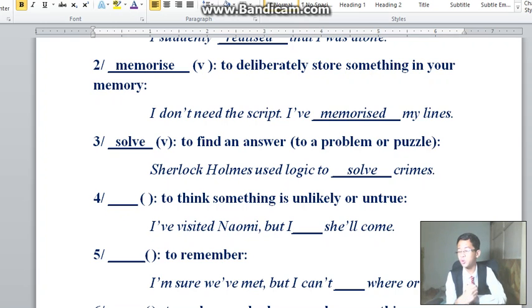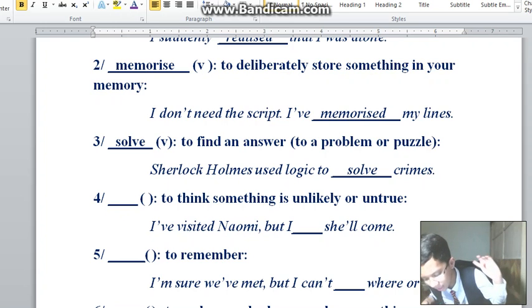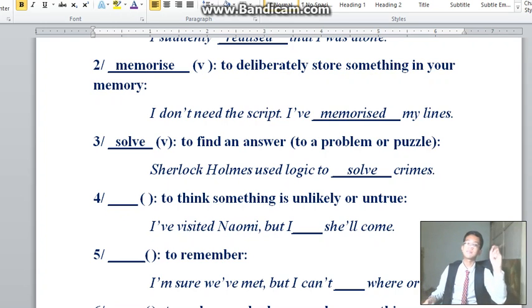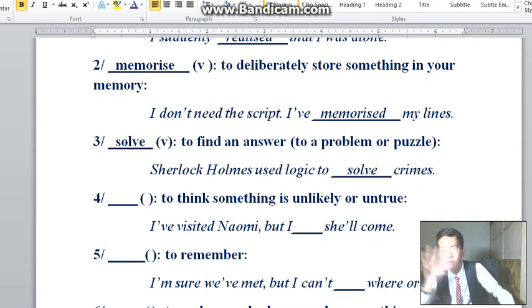What is it? Do you guys remember it? It is doubt. Doubt means nghi ngờ, unlikely or untrue. So we'll put doubt.